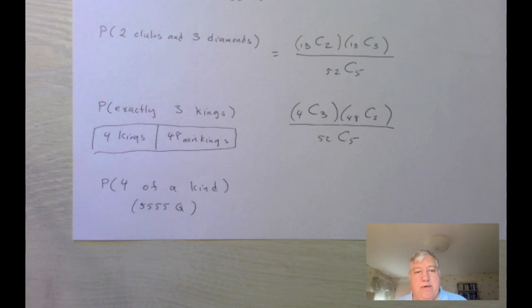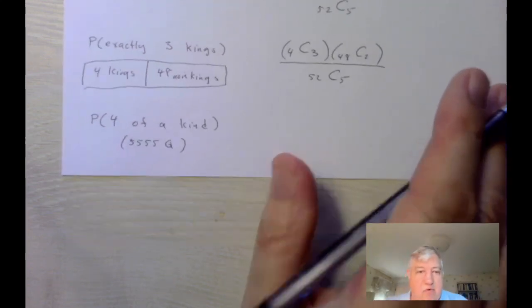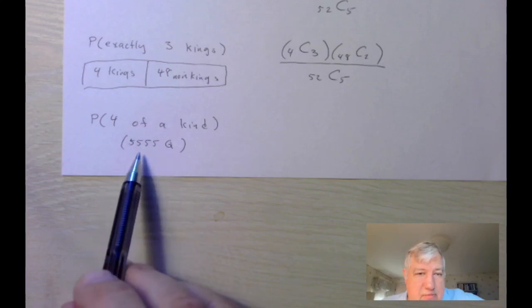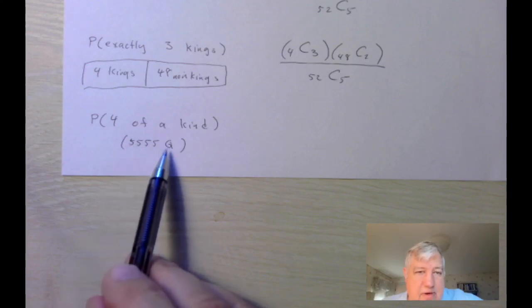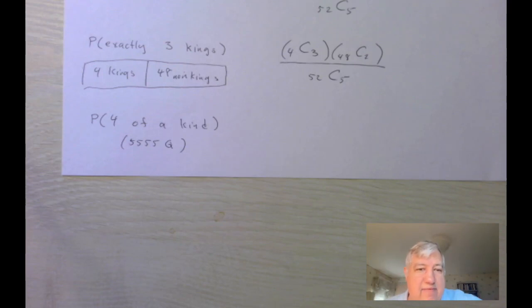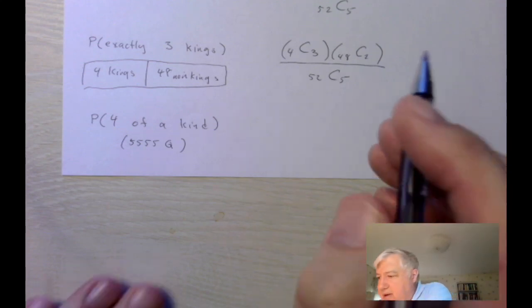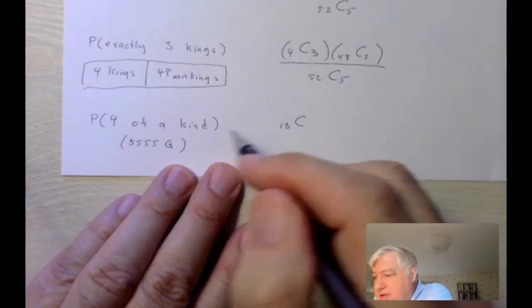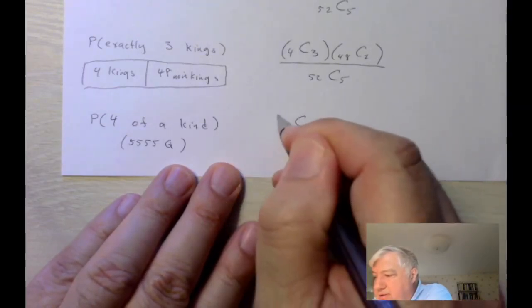And then finally, what's the probability of being dealt 4 of a kind? That means you have 4 of one denomination, like in this case all 5s, and then some other card which is not a 5. Well, there are only 13 possible 4s of a kind. You've got 4 aces, 4 2s, 4 3s, all the way up to 4 kings. So there are 13 possible denominations, so you choose 1.